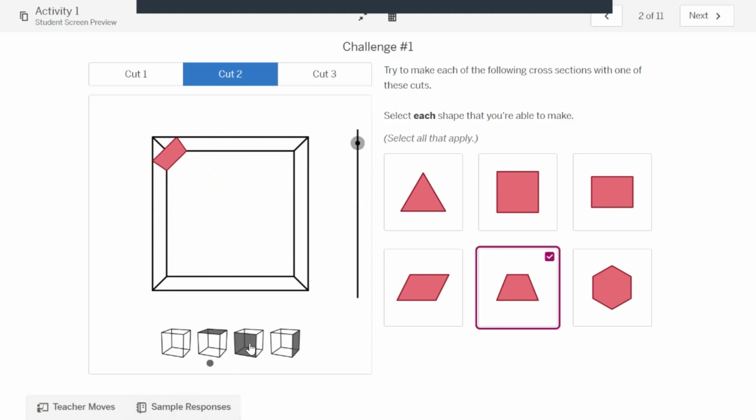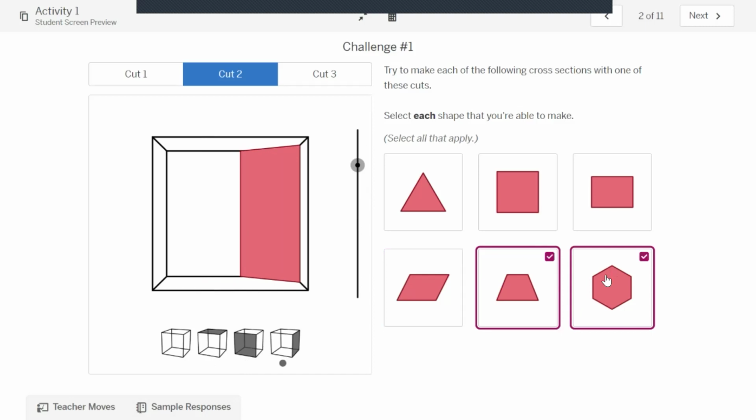Okay. What happens when we do this? Well, switch it around. What happens when we do this? Hmm. Let's see if we can make that shape.